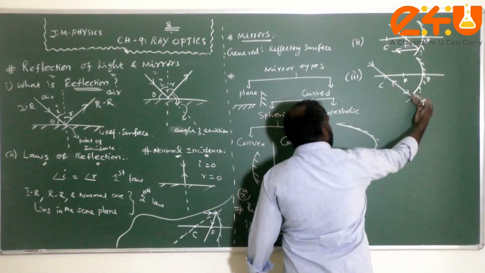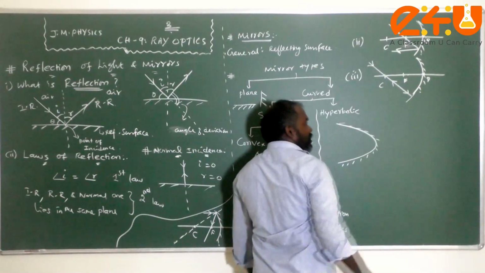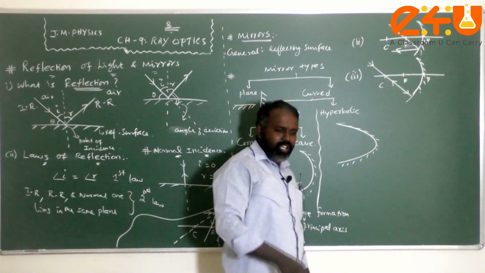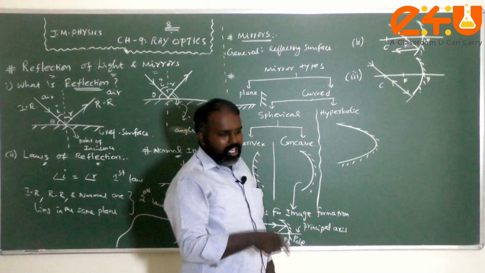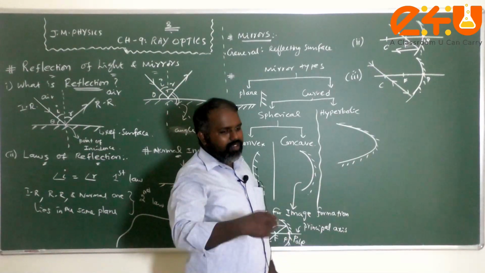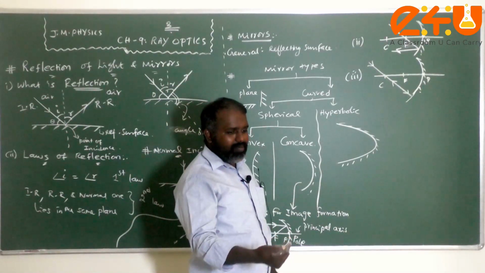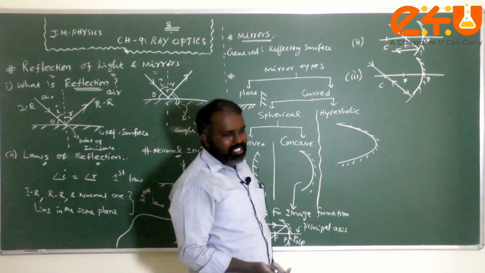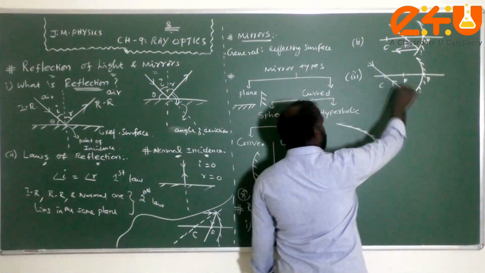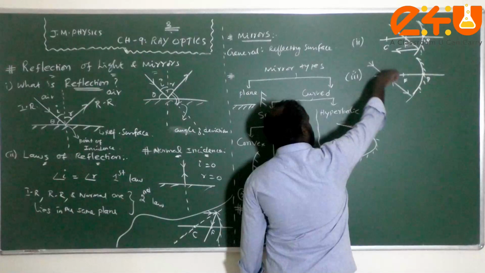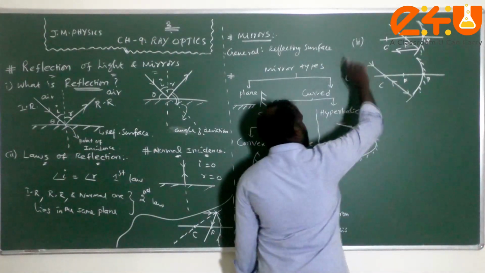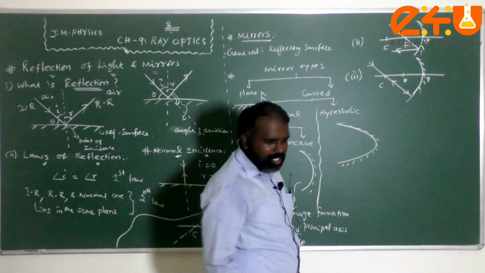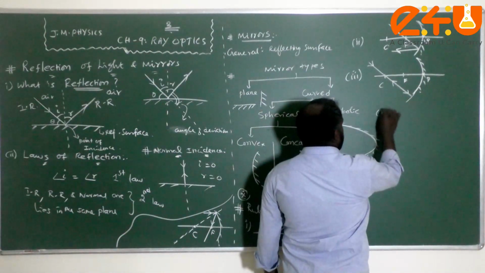Therefore, the incident ray retraces its path. That is the third rule. So whenever a light ray is passing through C or towards C, then after reflection or refraction it retraces its path. Retraces its what, children? Path. Okay, the fourth rule.